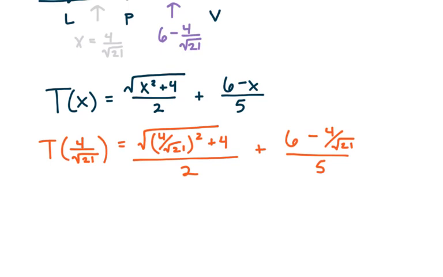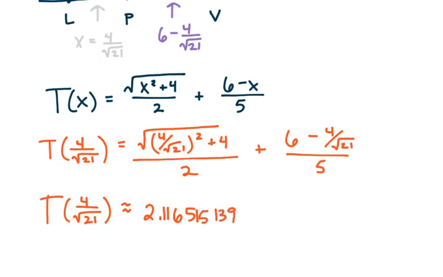And if we calculate this in our calculator, using that exact value, 4 over root 21, our calculator is going to give us an approximation of 2.116515139.